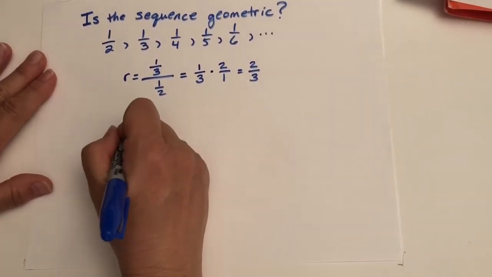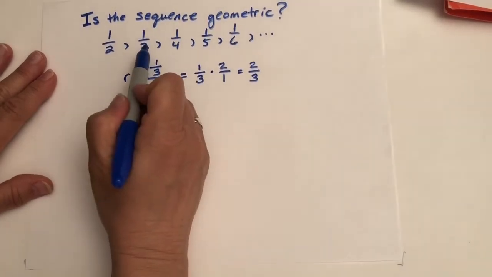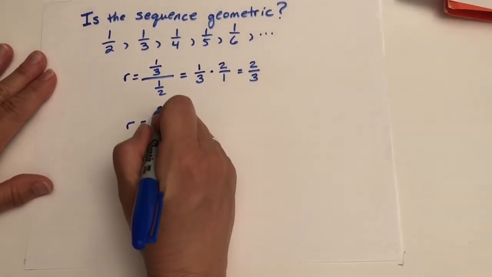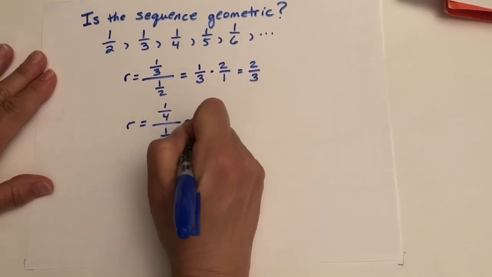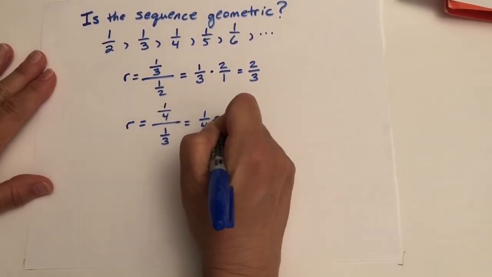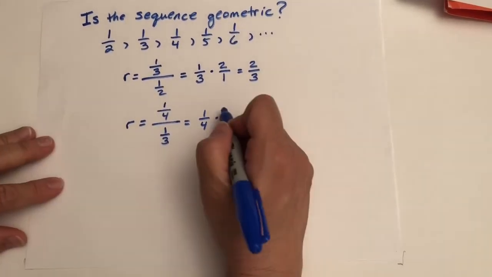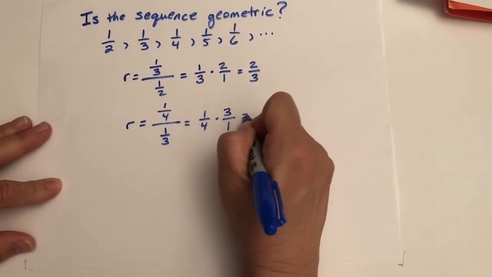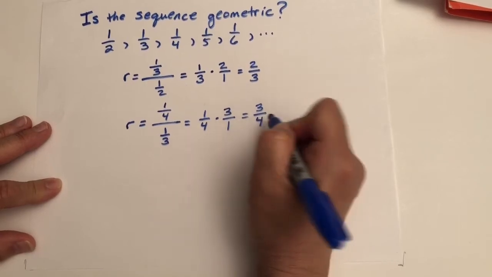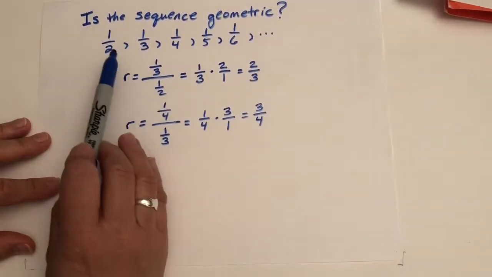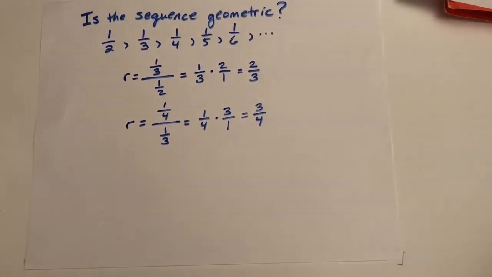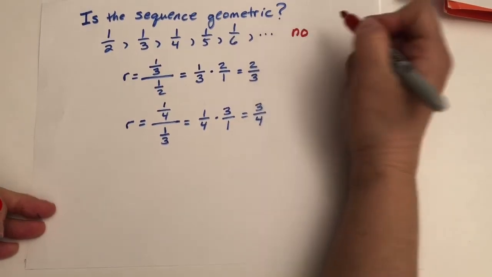Now let's take the ratio of the next two terms, the second term and the third term. 1/4 divided by a third would give us 1/4 times, we're taking the reciprocal of this one, 3/1, and the ratio this time is 3/4. And we don't need to continue because the ratios were not the same. So I don't have a common ratio, so the answer would be no here.